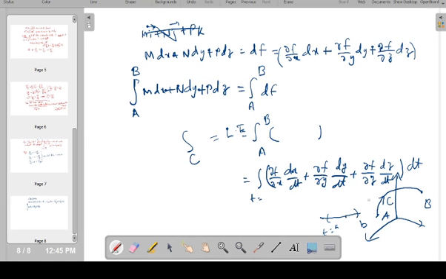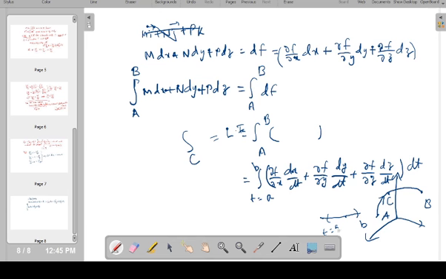When you evaluate line integrals, you convert them into a Riemann integral.